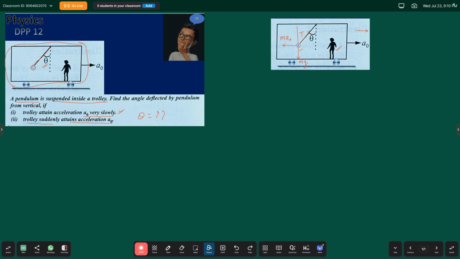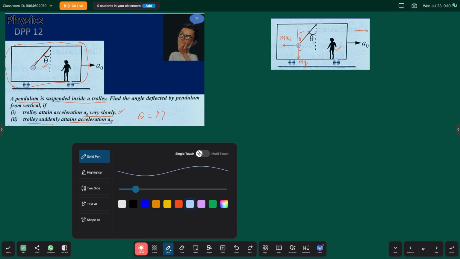If this angle is theta, this will also be theta. So you can divide the component of T into the vertical component as well as the horizontal component. Since you are looking at it from inside the trolley, the bob will look stationary.